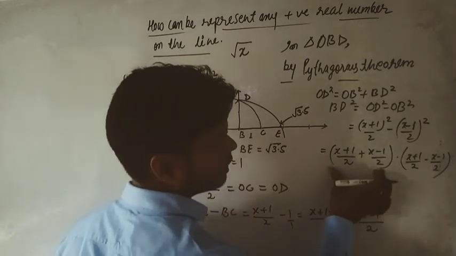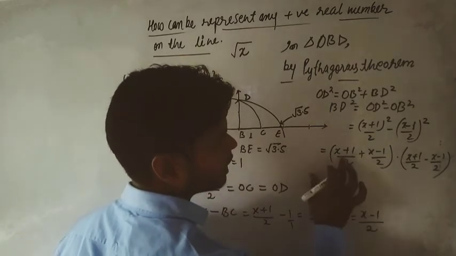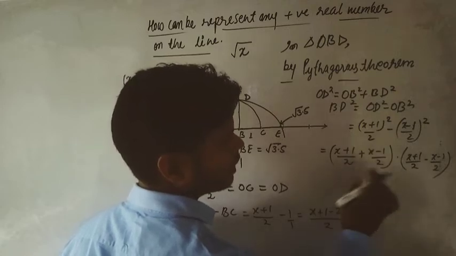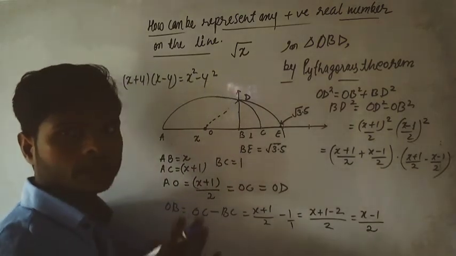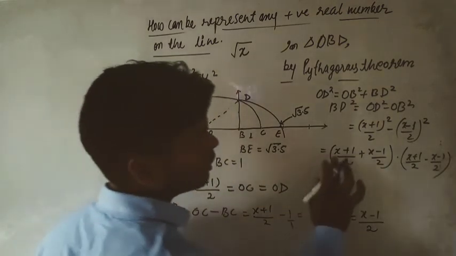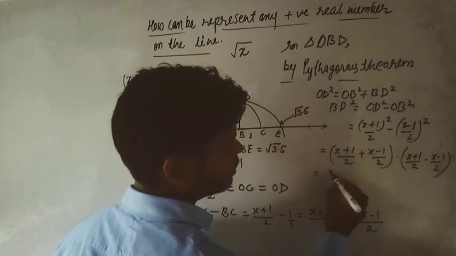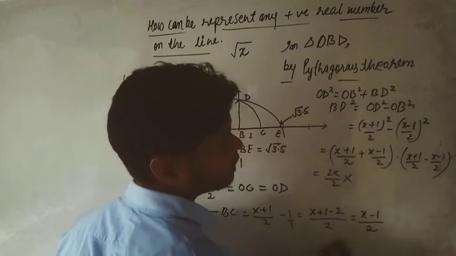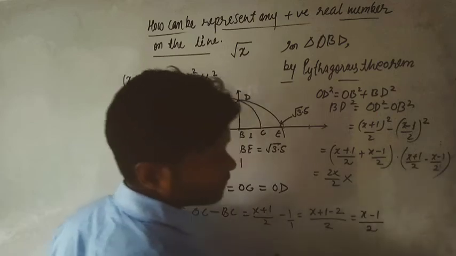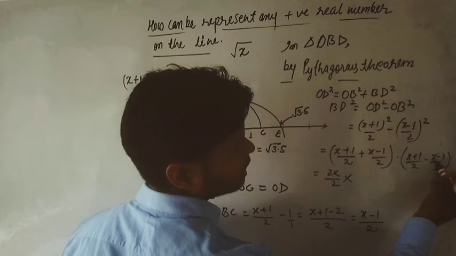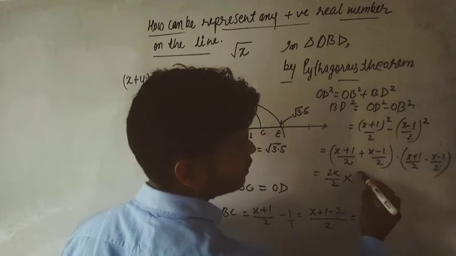In the first factor, the denominator is the same, so in the numerator we add x plus x, 2x, 1 cancels, 2x upon 2. In the second factor the denominator is also the same: x plus 1 minus x plus 1, that is 2 by 2.